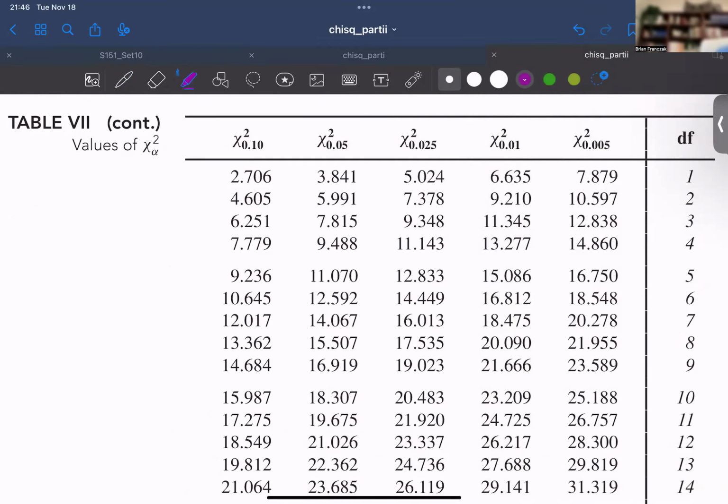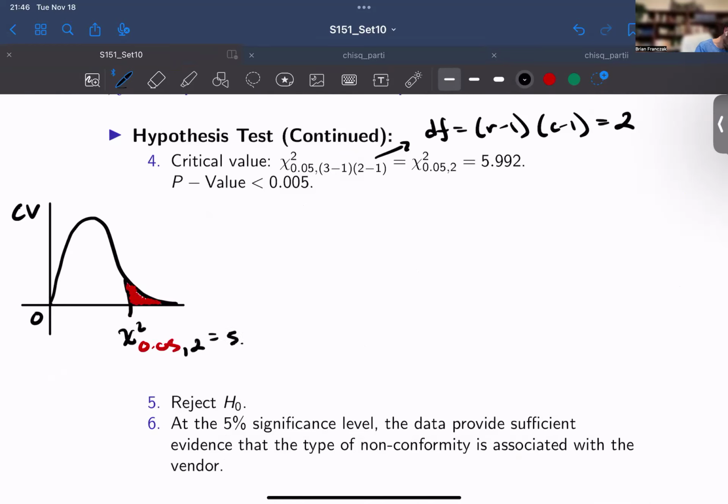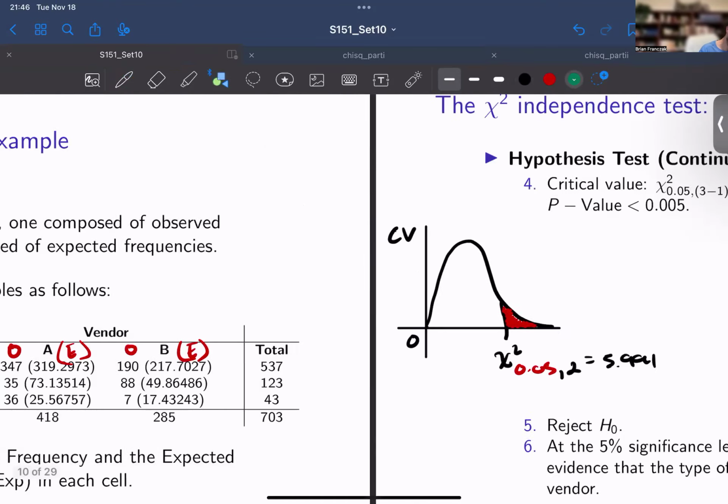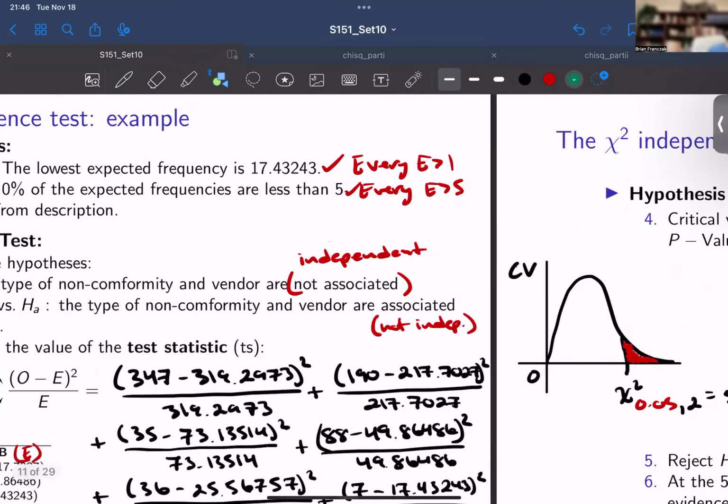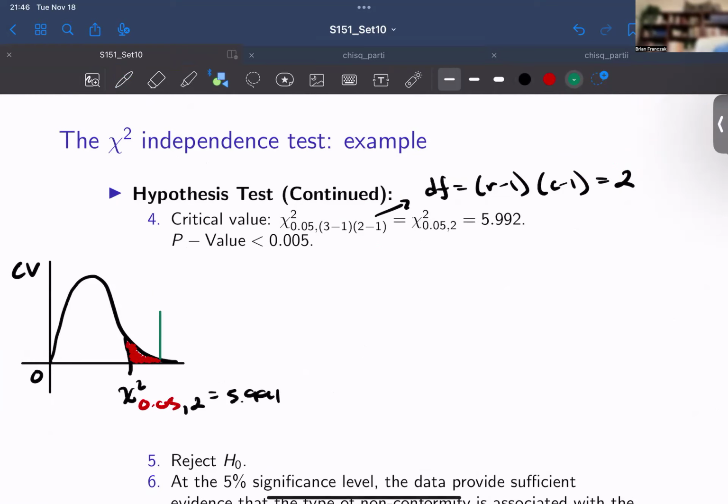So we have 2, 0.05, and that gives us 5.991. So the critical value for this test is 5.991. Right, and then our test statistic was some massive number, 65.478. So that's obviously going to be well inside this region. So we're going to be able to reject the null hypothesis here.